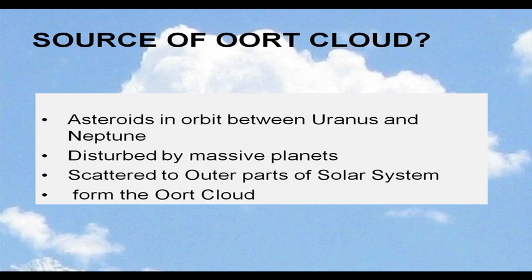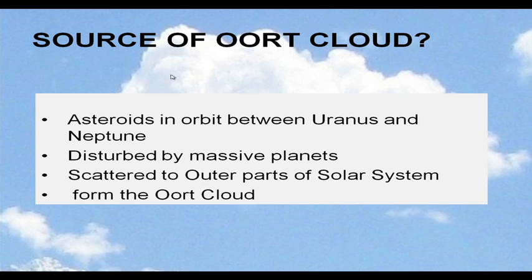So, asteroids between Uranus and Neptune have their orbits disturbed by the massive planets, and they get scattered to the distant parts of the solar system, and they form the Oort cloud between 50,000 and 150,000 AU from the sun, and they remain there in some kind of circular orbits around the sun. So, that is the picture for the long period comets.